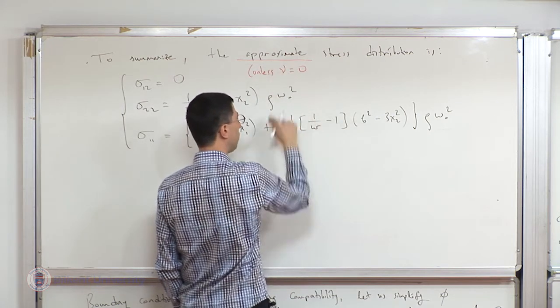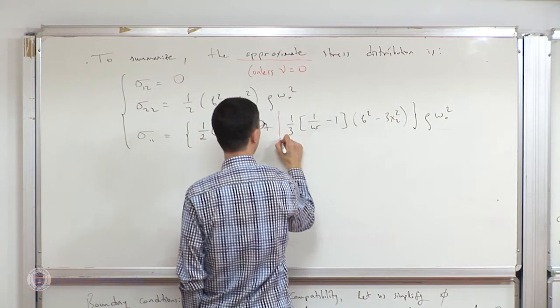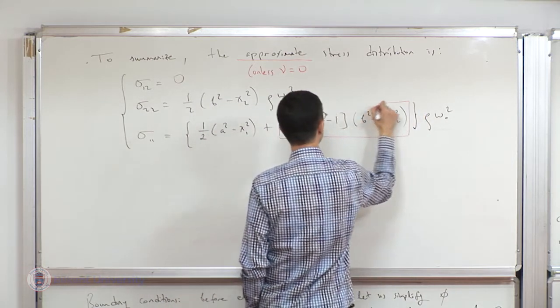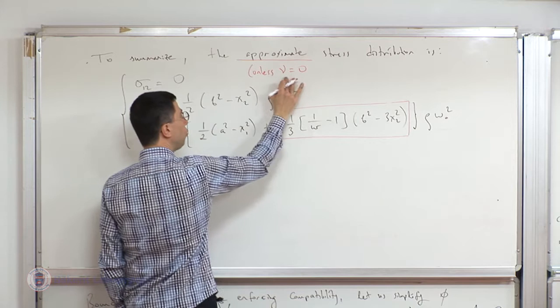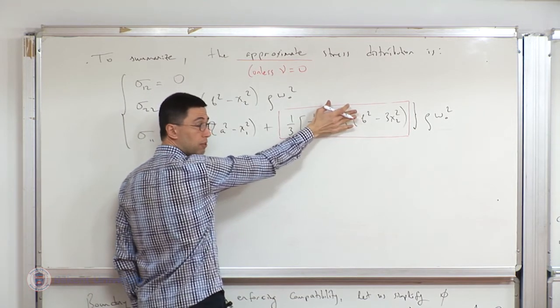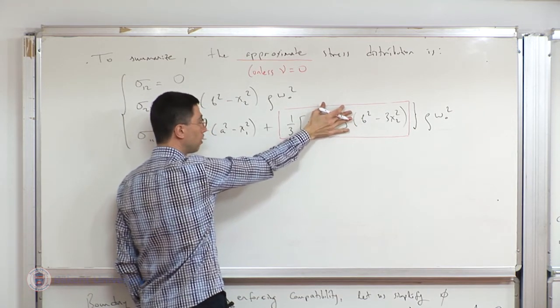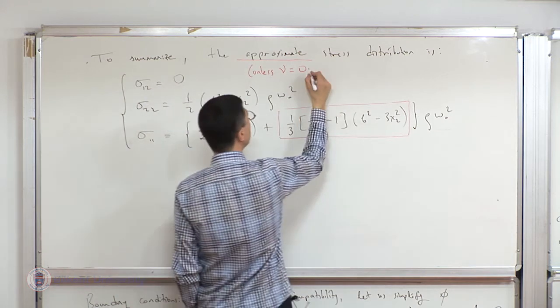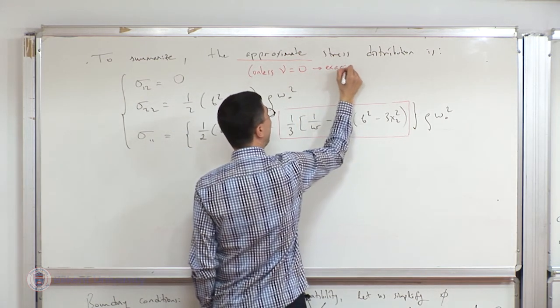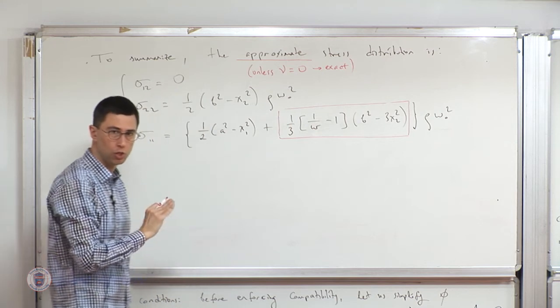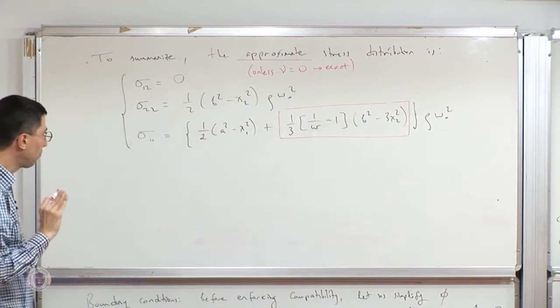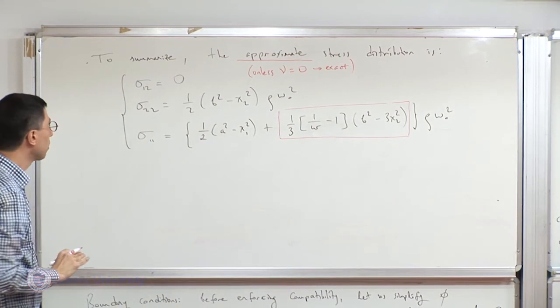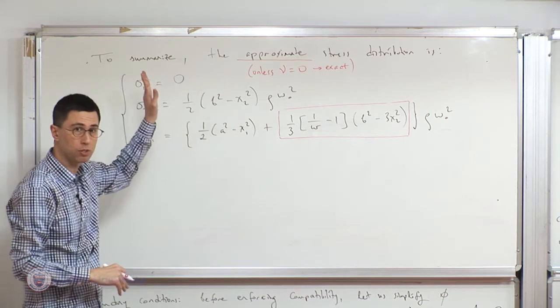Then, therefore, this additional term that we have will vanish. Okay? And if nu is equal to 0, if you omit this term in a red box, what you are left with is the exact stress distribution, which I will demonstrate. Okay? But if nu is not equal to 0, say it's 0.3, it's approximate.